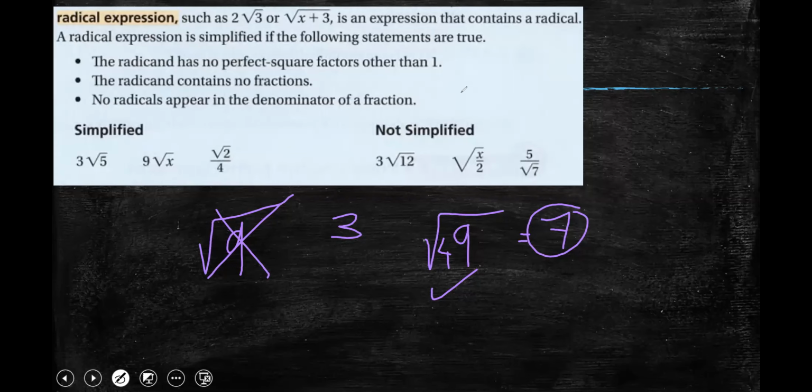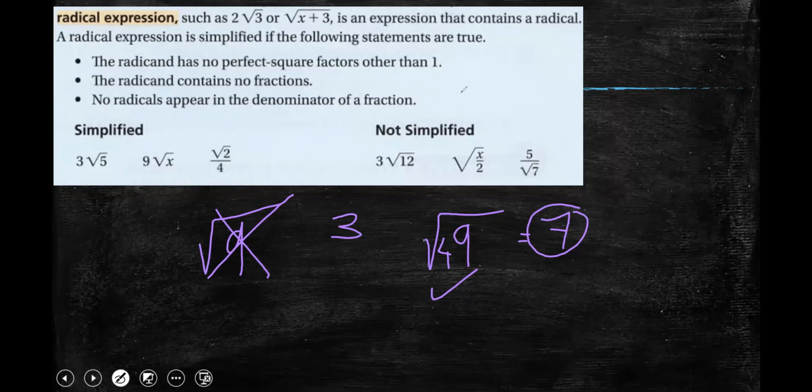So this radical expression is simplified if there's no perfect square number under the square root. When I say the square root of 49 and stop, this is not the simplified one.